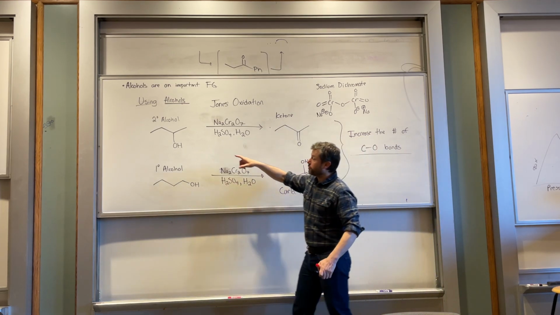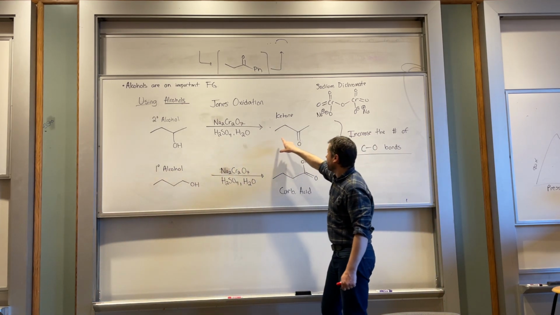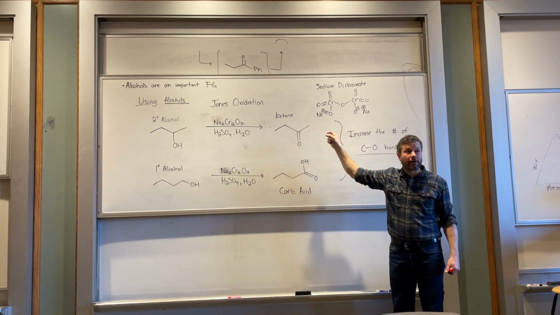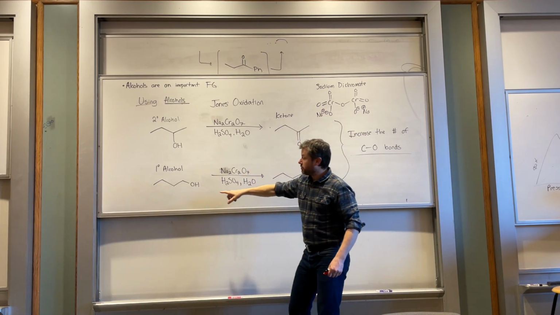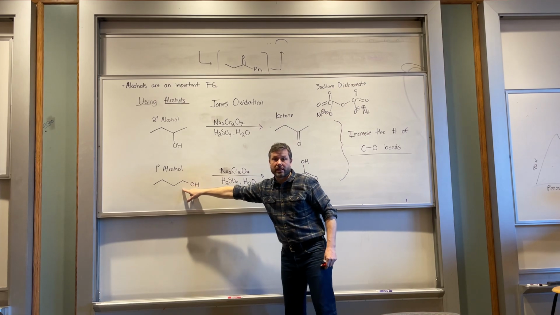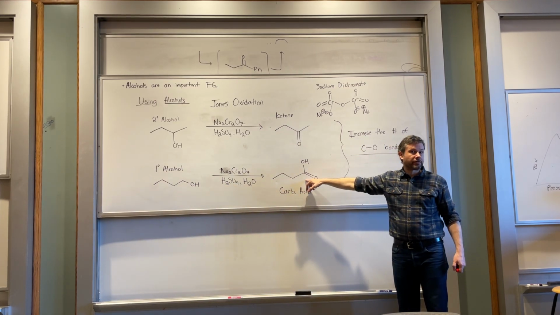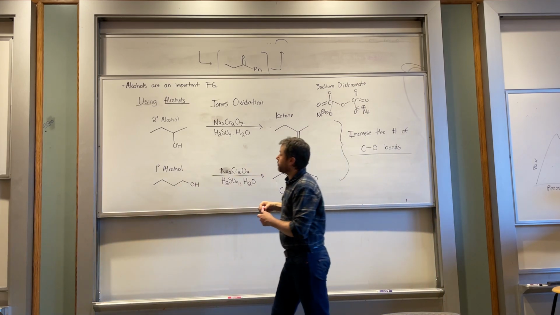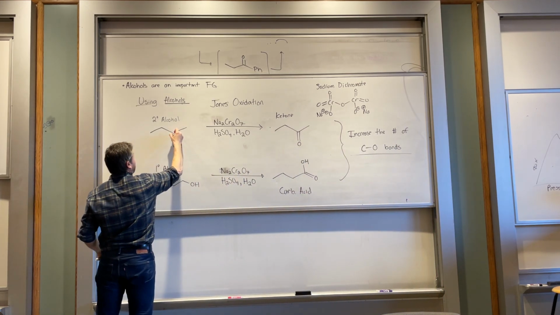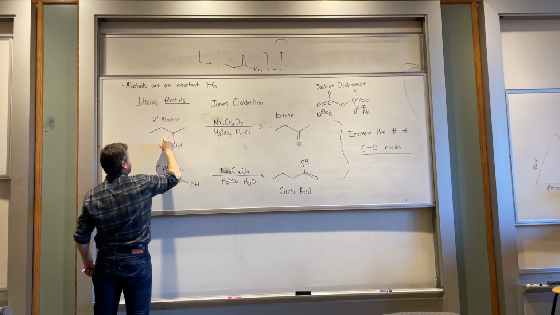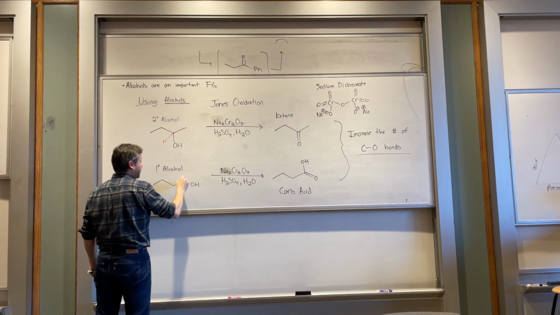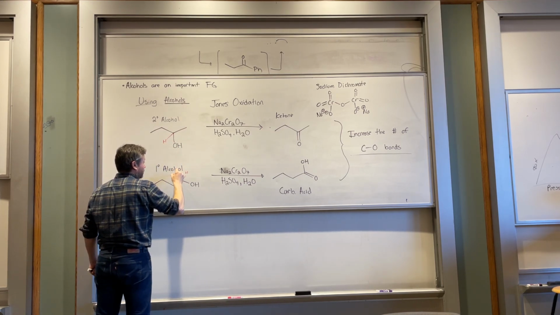So here, we're starting with one bond to oxygen, and in the product, that same carbon now has two bonds to oxygen. Here again, we're starting with one bond to oxygen. In the product, that carbon has three bonds to oxygen. And so what's changing really is not necessarily just the bonds to oxygen, but also the bonds to hydrogen.